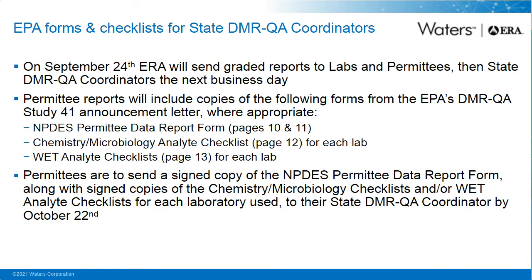First, the NPDES Permittee data report form, plus the chemistry microbiology analyte checklists and the WET analyte checklists for each lab reporting results. Permittees, you need to fill out and send a copy of the Permittee data report form and those analyte checklists for each laboratory to your state coordinator by October 22nd.